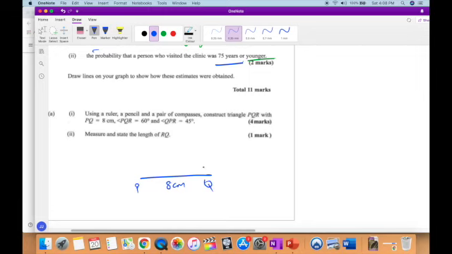PQR, so that angle Q there is 60 degrees. And this angle QPR is 45 degrees. So 45 degrees is like half of 90.